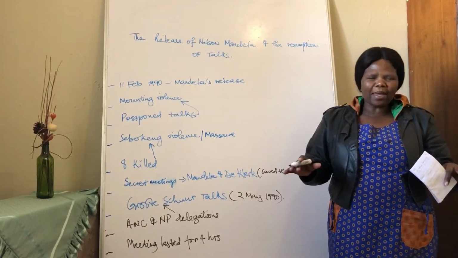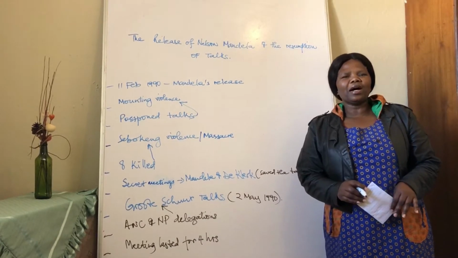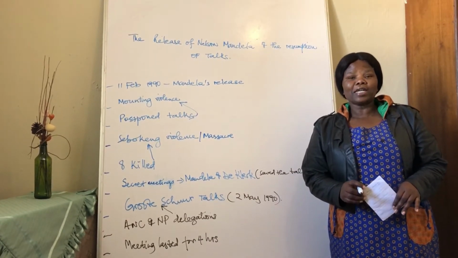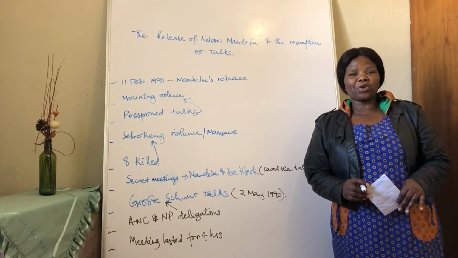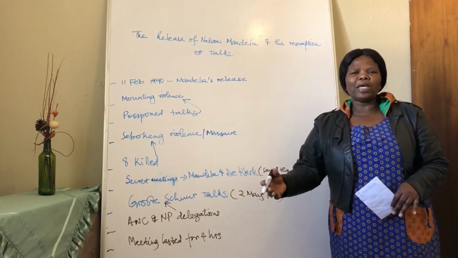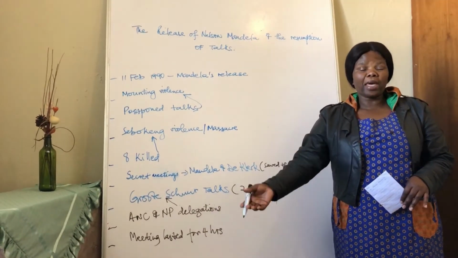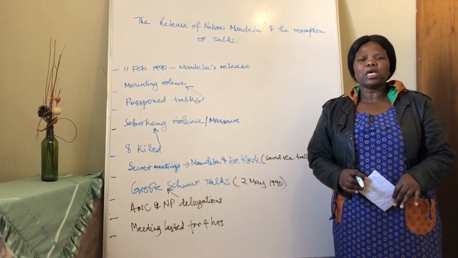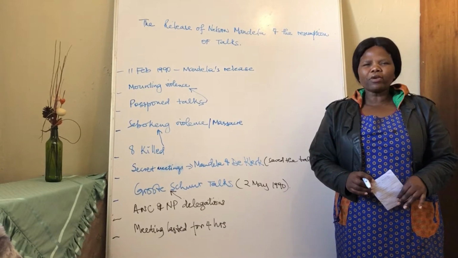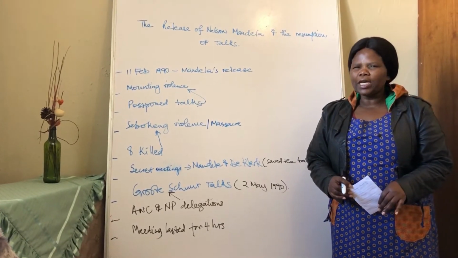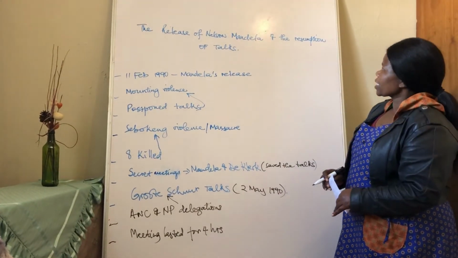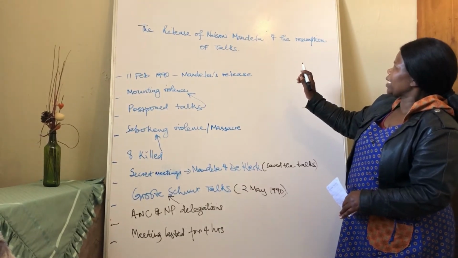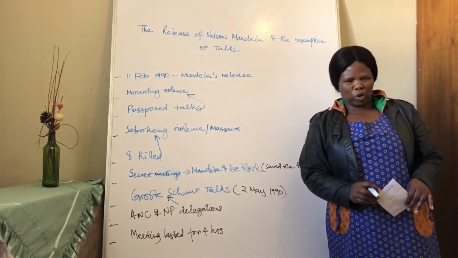But at that time, the AWB leader Terry Blanche threatened a white backlash, and we've explained those complicated terms, backlash and the separate amenities, in the previous lesson. Otherwise, the lesson for today, the heading says, the release of Nelson Mandela and the resumption of talks.